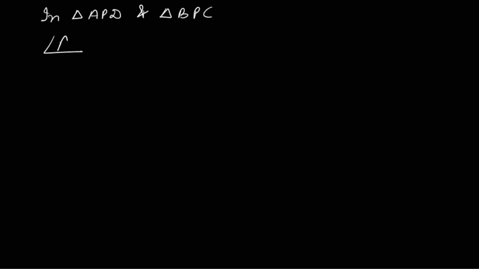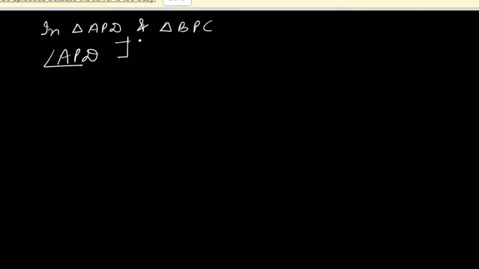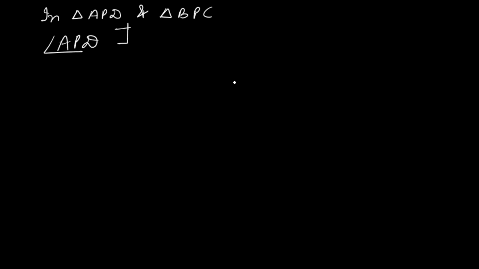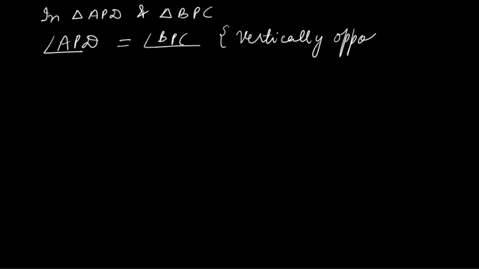So I can write angle APD is equal to angle BPC. Why are they equal? Because they are making a pair of vertically opposite angles.